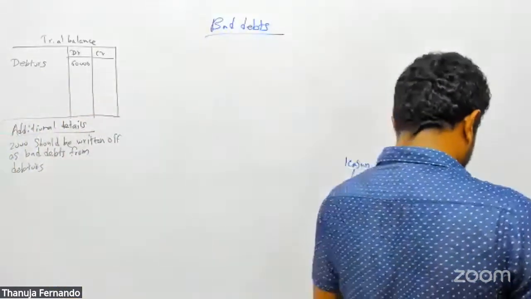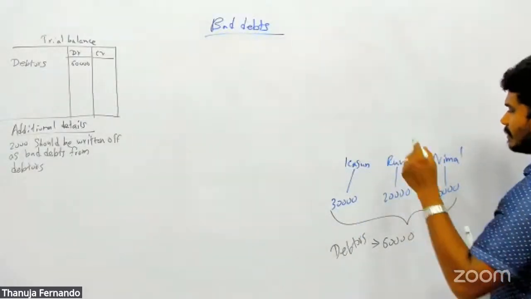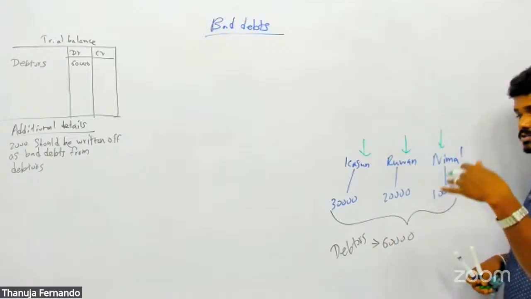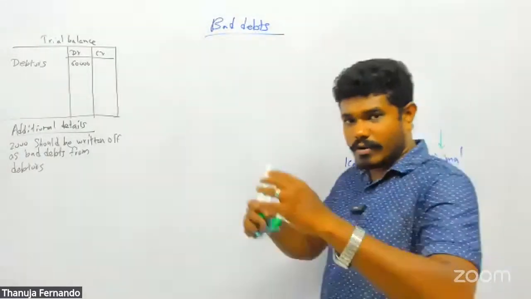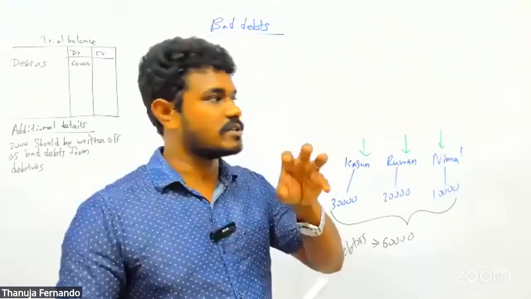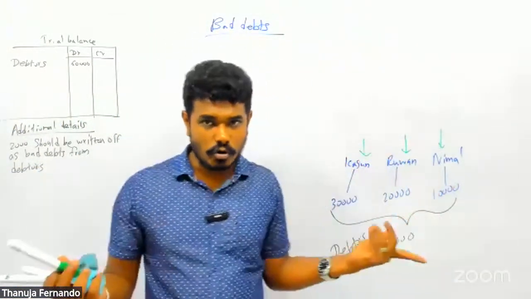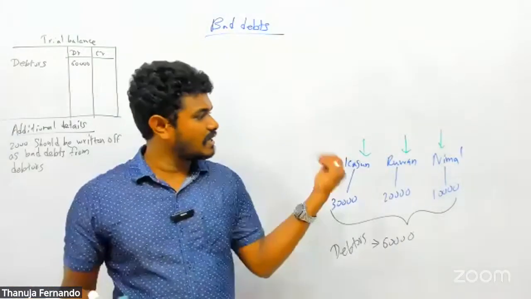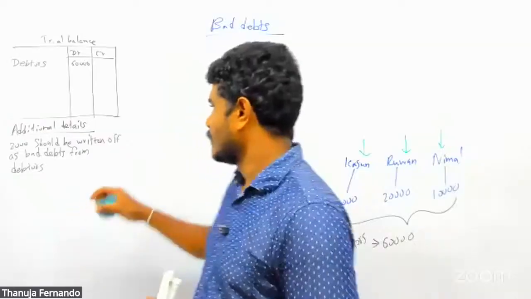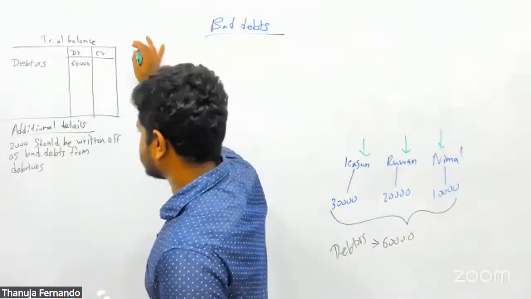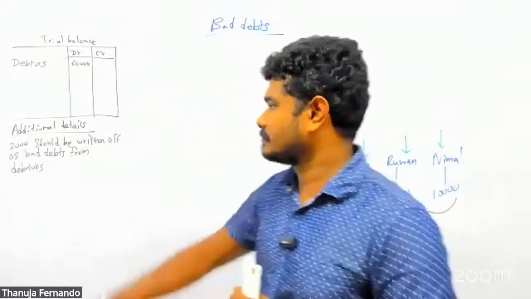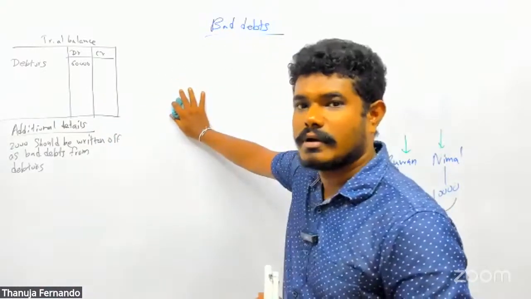It might be from Ruan, from Kasun, or from Nimal. Overall, we are unable to recover 2,000 from someone. If they mention it, then we can clearly identify, but it doesn't matter for us. Here they are commonly saying we have to write off 2,000 from debtors, right?